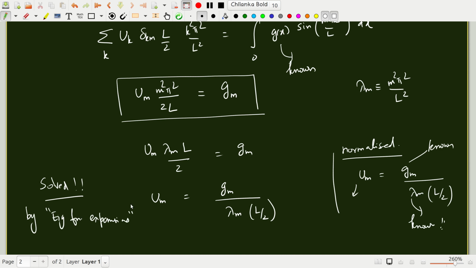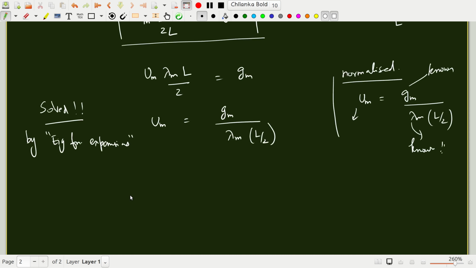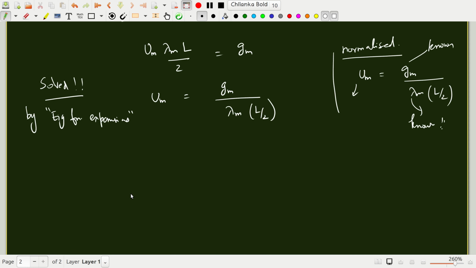Okay, so this is something that is very similar to what we had done in the previous module. In the previous module, if you remember, we solved M a equal to b, and in the eigenbasis you found that a1 is b1 by lambda 1, a2 is b2 by lambda 2.